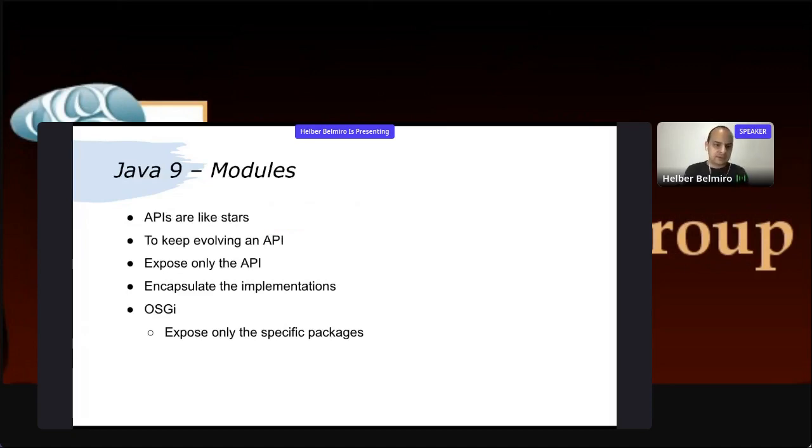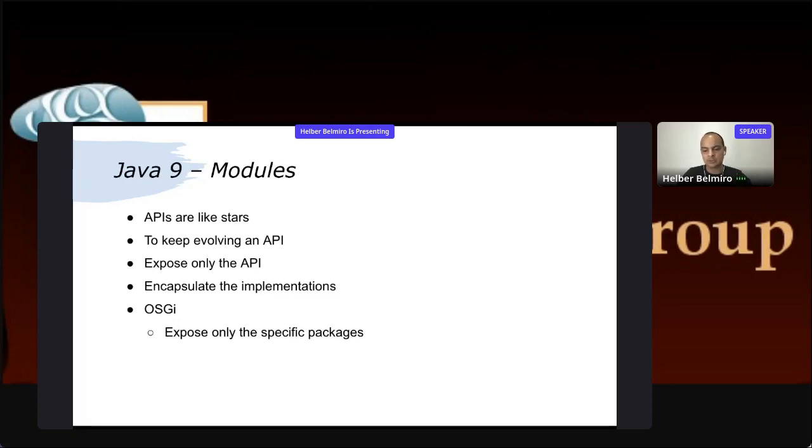Java 9 has another feature, which is modules. When we develop APIs that are called by anyone, we don't know how the API will be called, and once we create them, we cannot change them anymore.